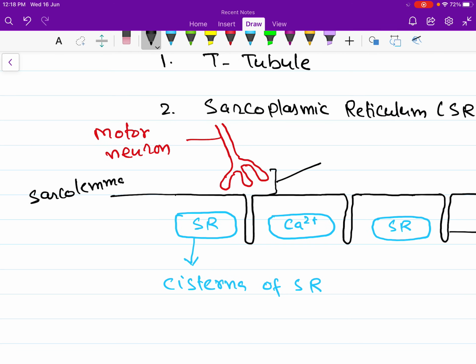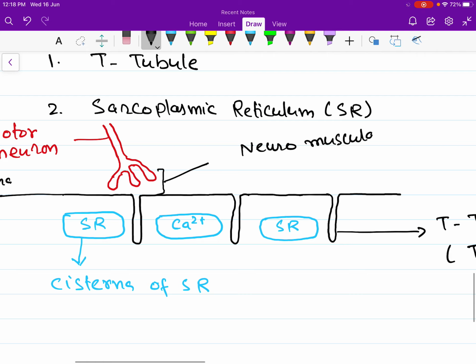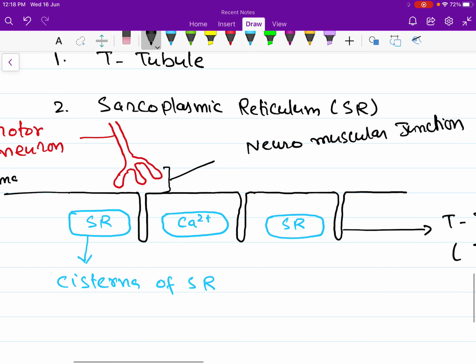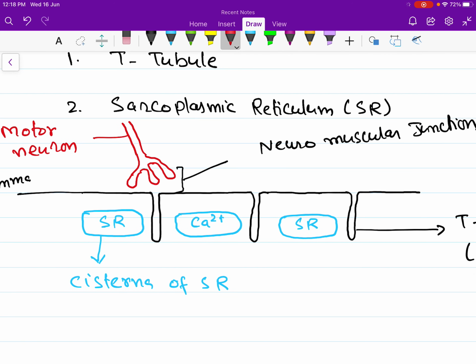So here I will label it. This is the neuromuscular junction. At the neuromuscular junction, this motor neuron will release the chemicals or neurotransmitters, just like this. It will release a neurotransmitter, acetylcholine.